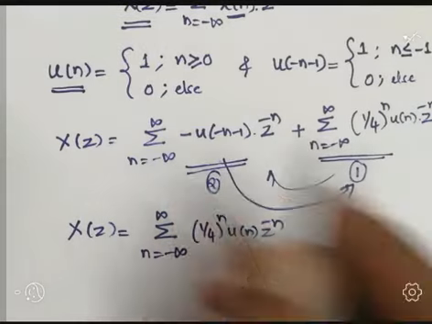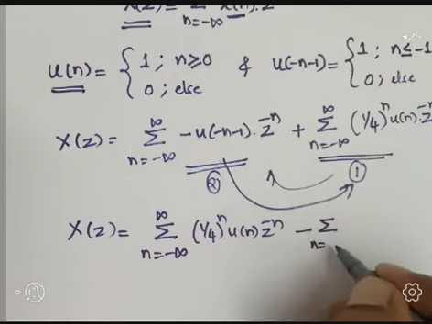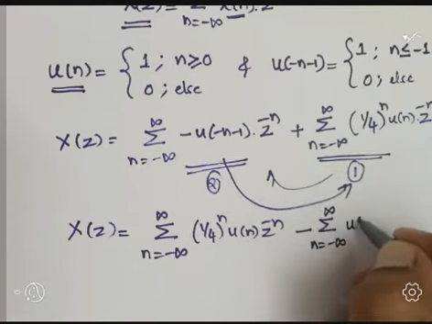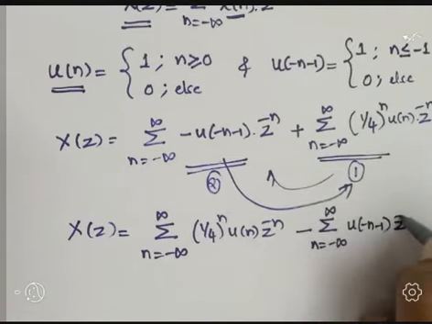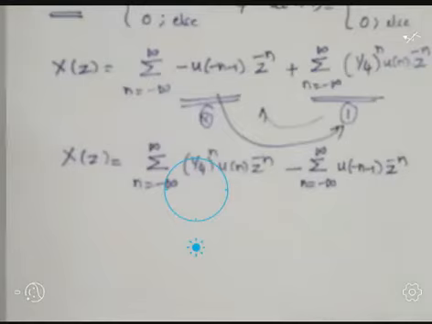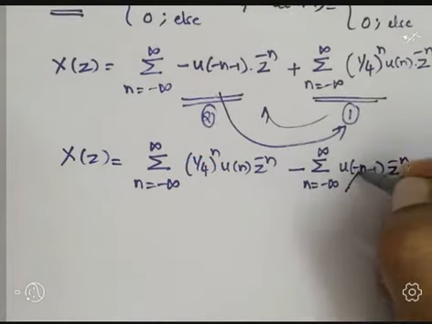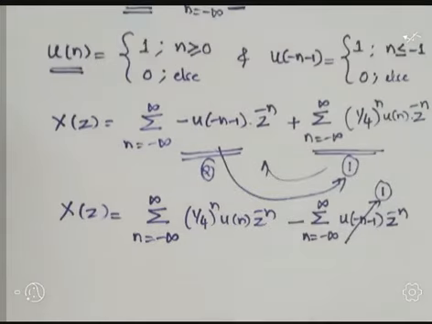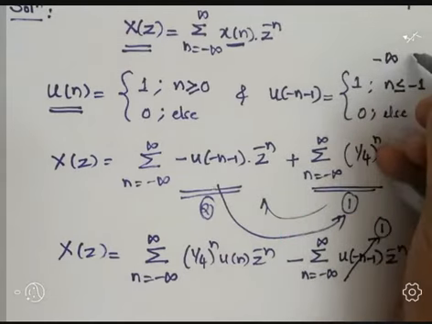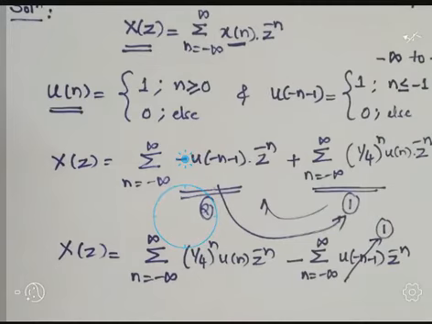So this minus I will take outside, minus summation n equal to minus infinity to plus infinity u of minus n minus 1 Z to the power minus n. Fine. Next is simplification. If I replace this term by 1, then the limit changes to minus infinity to minus 1. Is it clear?